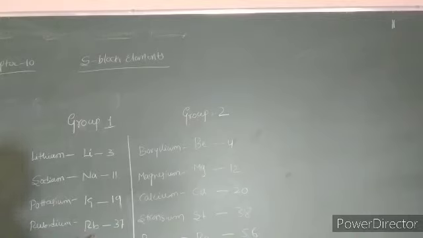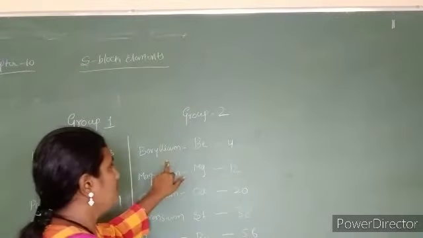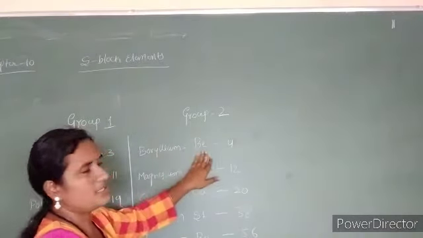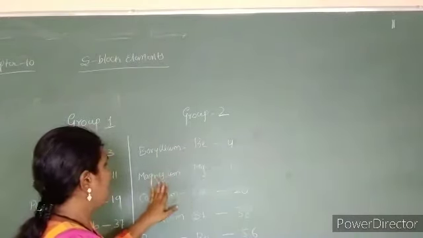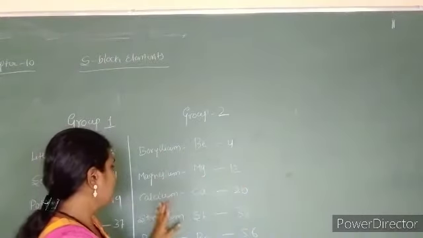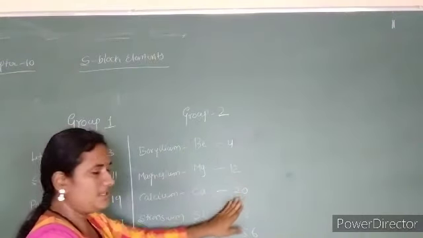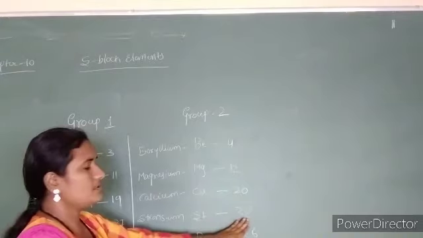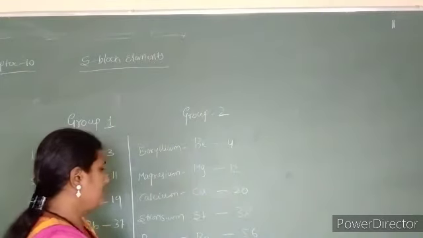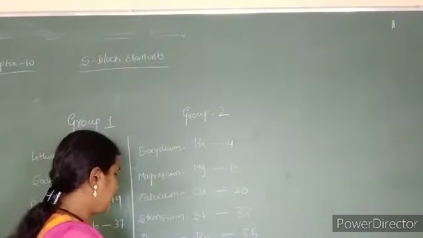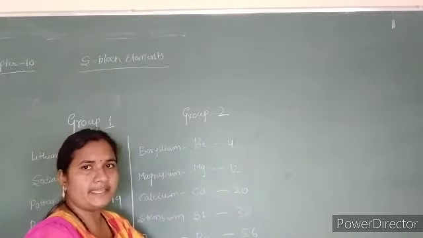Rubidium Rb has 37. Cesium is Cs with atomic number 55, and francium is Fr with atomic number 87. Group 2 elements include beryllium Be, atomic number 4, magnesium Mg 12, calcium Ca 20, strontium Sr 38, barium Ba 56 and radium Ra 88.